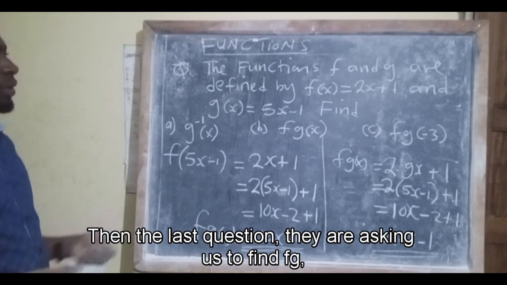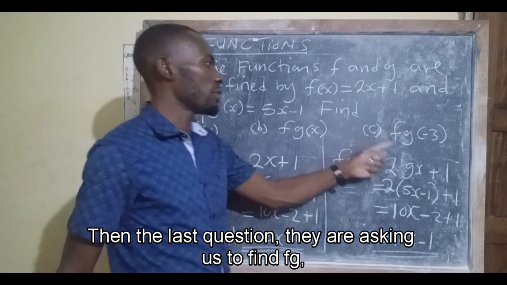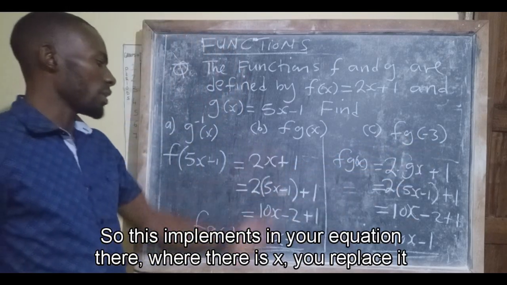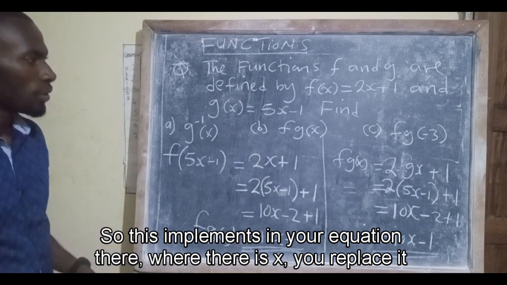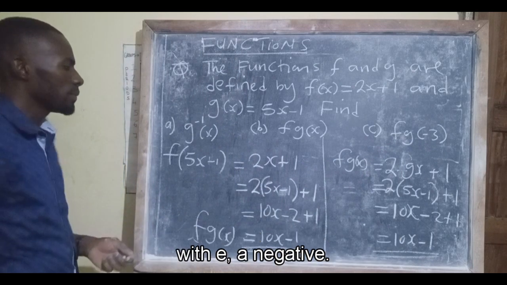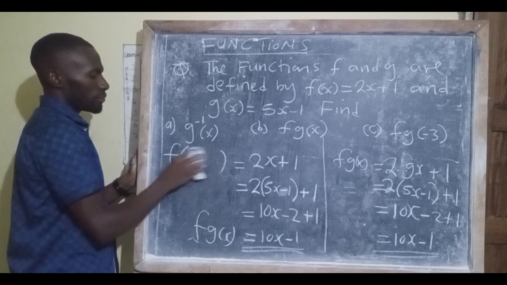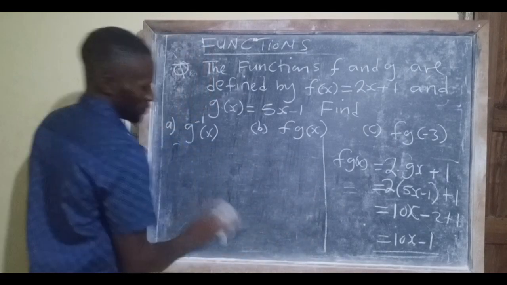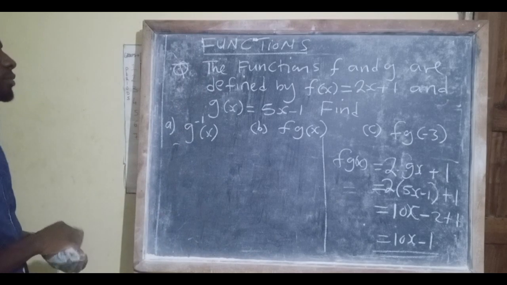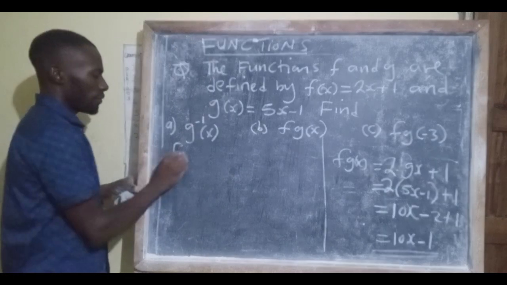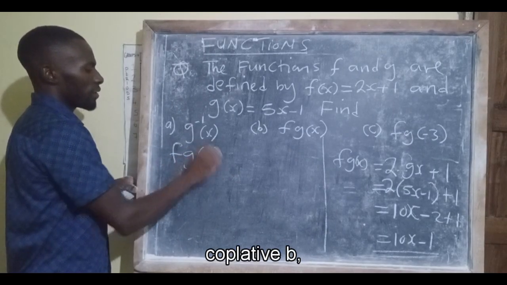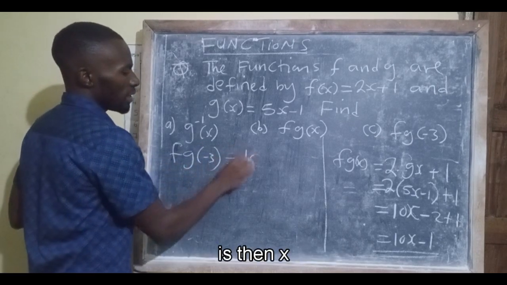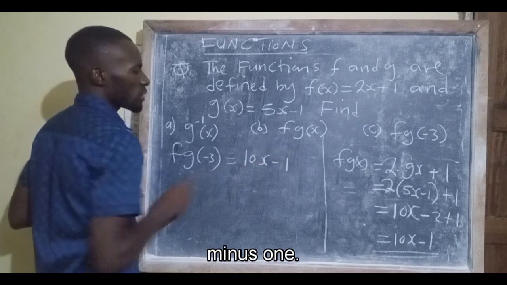Then the last question, they are asking us to find the f g of negative 3. This simply means in your equation, where there is an x, you replace it with a negative 3. We know that our f g of x is 10x minus 1.